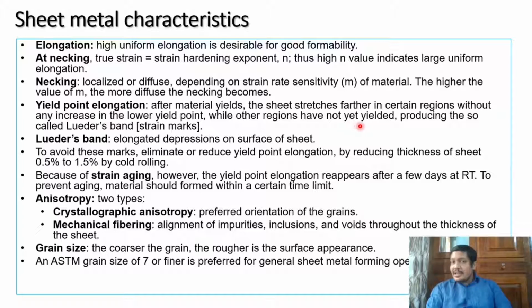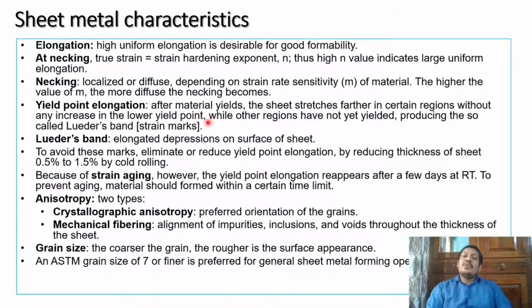These stretch marks, whatever you are seeing on the sheet, are called Luder's bands, also called strain marks. Luder's bands are elongated depressions on the sheet surface, occurring because the sheet stretches further in certain regions without any increase in the lower yield point.